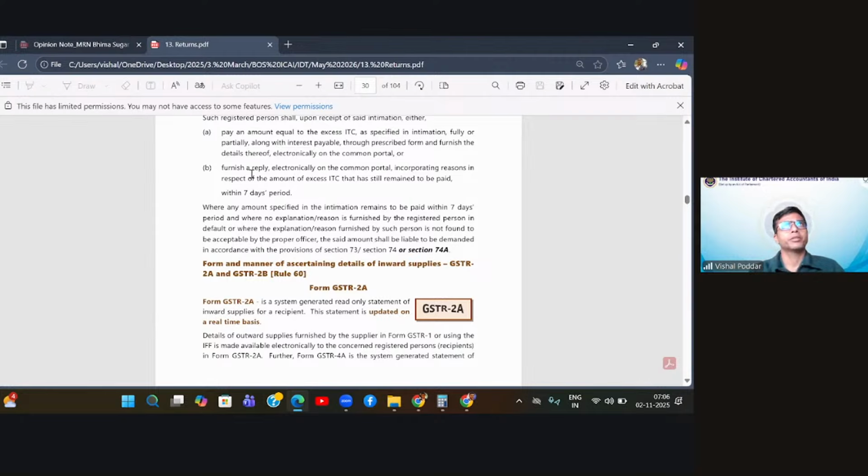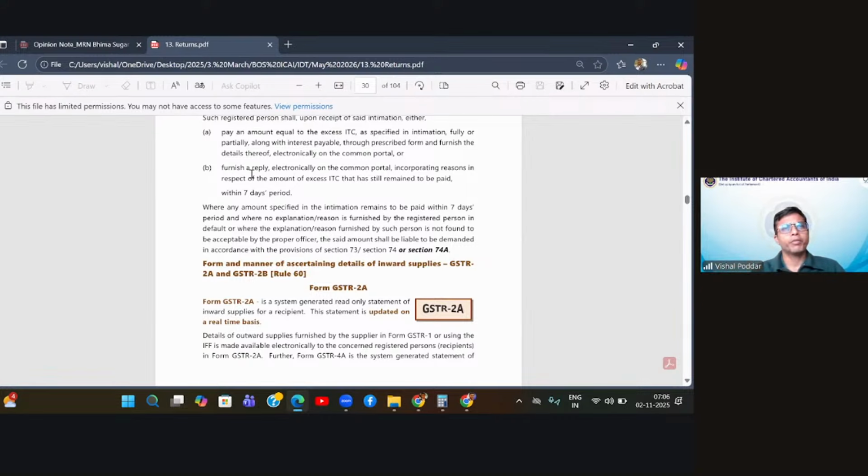Another difference. Now, what I'm talking about is the difference between 2A, 2B, and also a new functionality called IMS. So now, when you open a particular month's purchase side details, your invoices are reflected in IMS with the option of accept, reject, modify, and accordingly, whatever action you take.